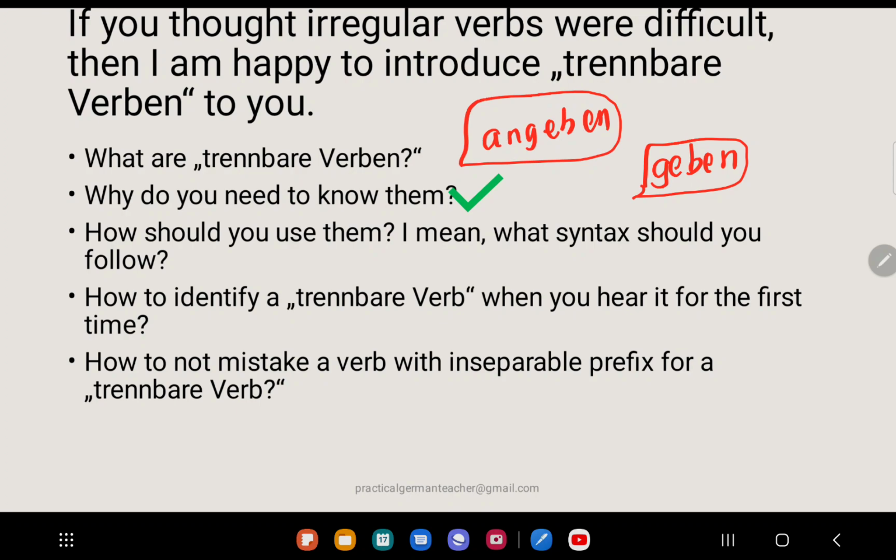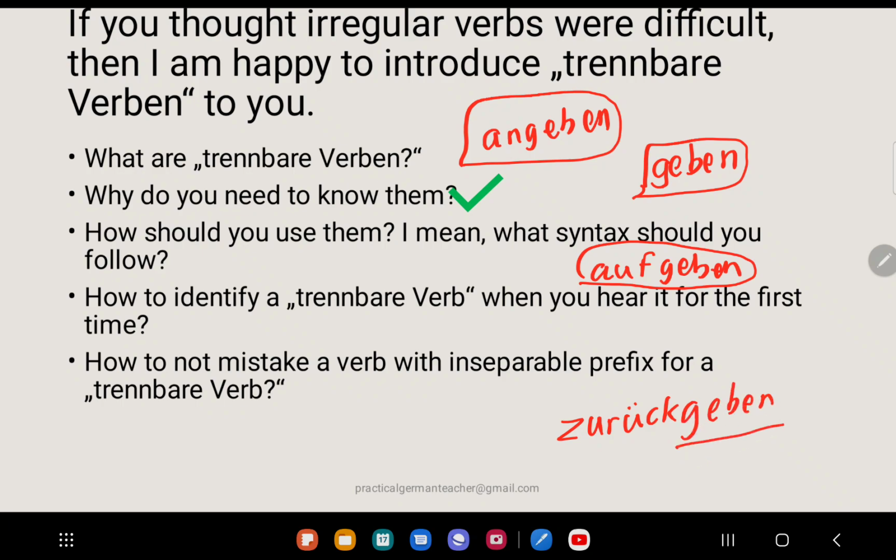It's like, let's say if I start saying I'm the best guy to learn German from, that will be bragging or boasting. So angeben means to boast or brag. Then if you add this one, auf, aufgeben, it will mean something completely different. It will mean to give up. Then if you add, for example, zurückgeben, this is not that different from geben: geben means to give, zurückgeben will mean to give back.